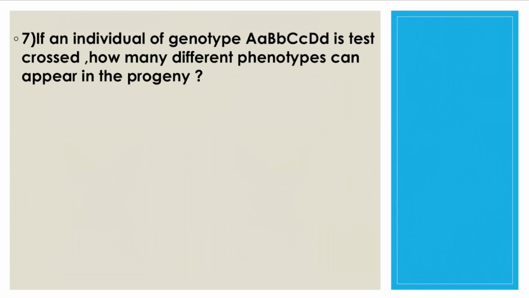If an individual of genotype AaBbCcDd is test crossed, how many different phenotypes can appear in the progeny? This is a tetrahybrid cross.